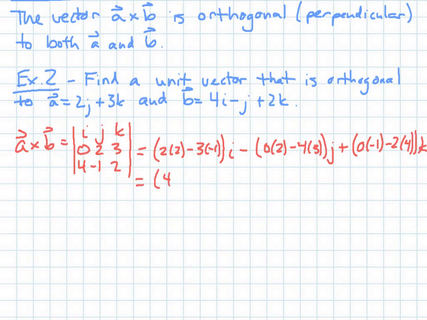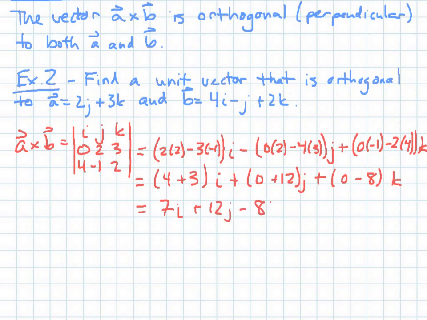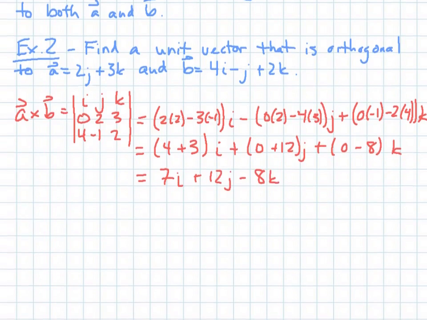So that leaves me with 4 minus a negative 3, so that's actually plus 3, and then minus 0 minus 12, j, and then plus 0 minus 8, k. The double negatives make that positive, so that gives me 7i plus 12j minus 8k. Okay, so there's my vector for my cross product.